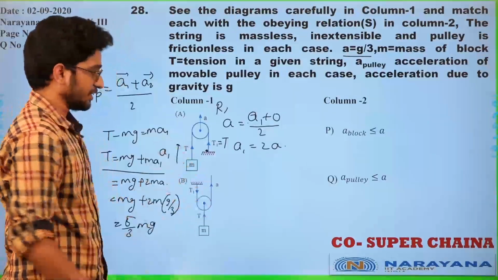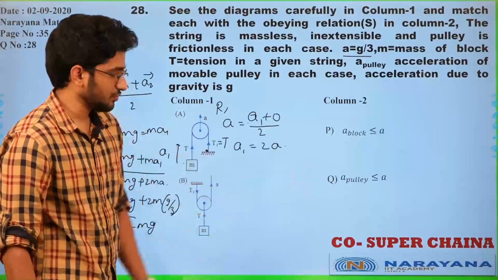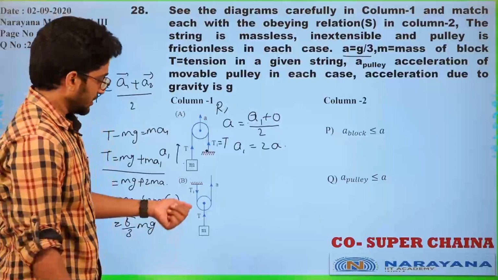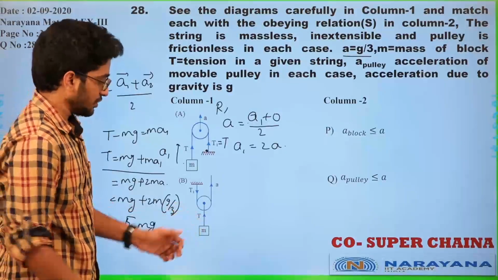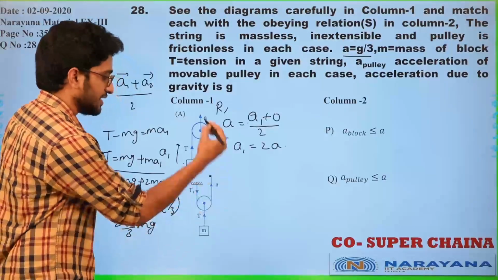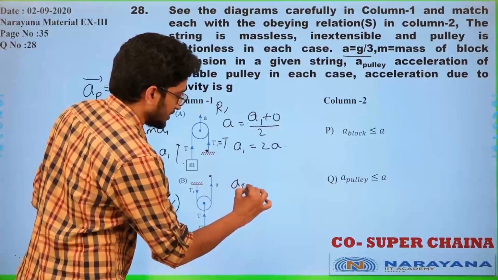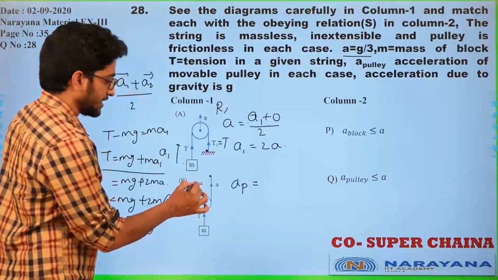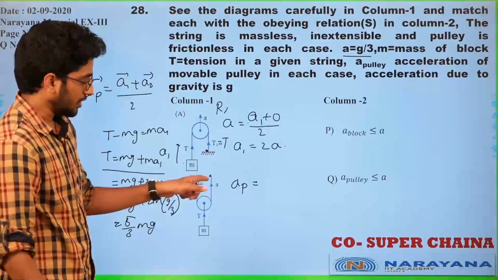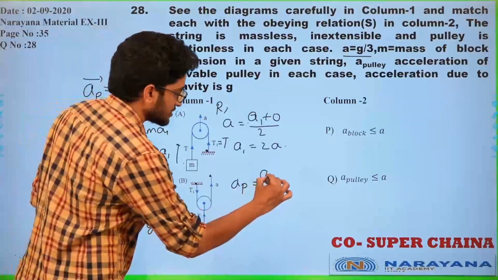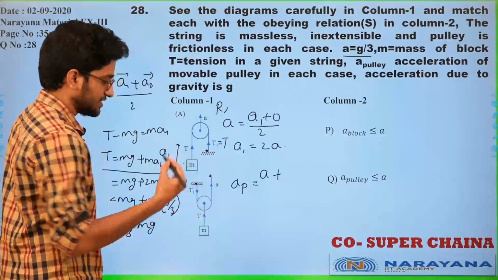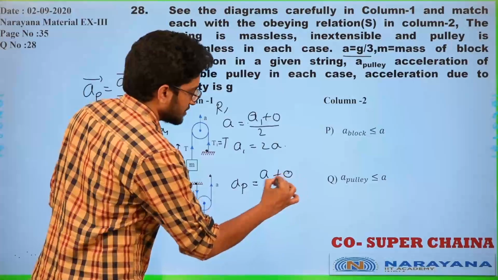Next, let's take the second option. Again, I need to find the acceleration of the pulley and the acceleration of the block. Here the acceleration of the block is unknown, but the acceleration of this end is given as a upwards. So again I use the same formula: the acceleration of the pulley is the average of the accelerations on the two ends. On one end you have acceleration a upwards, on the other end it is 0, so (a plus 0) by 2.